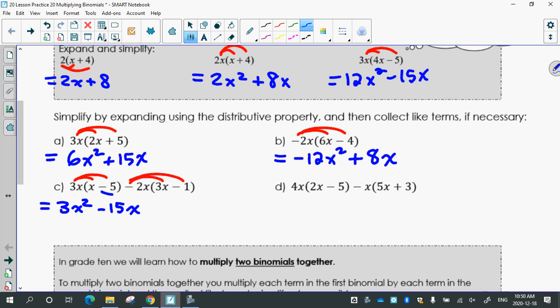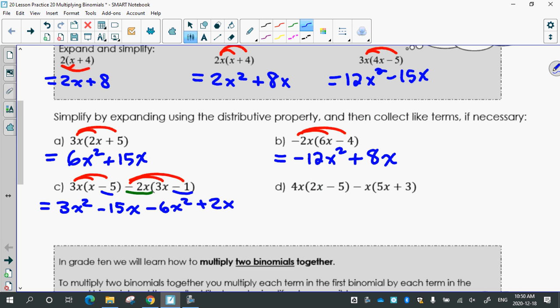Then negative 2x times 3x is negative 6x squared. And then negative 2x times negative 1 is positive 2x.